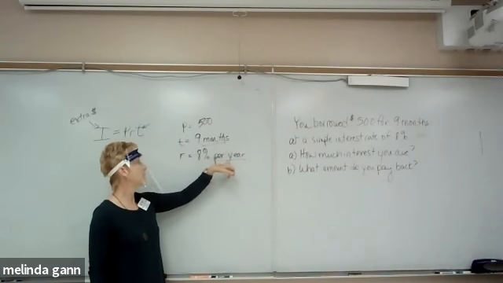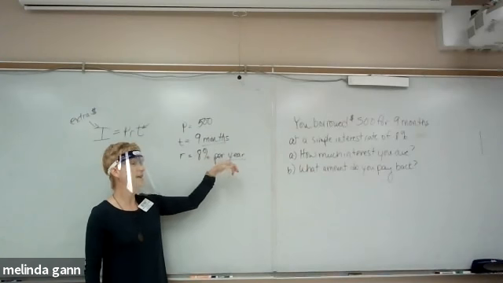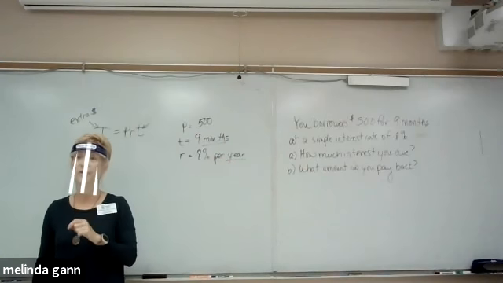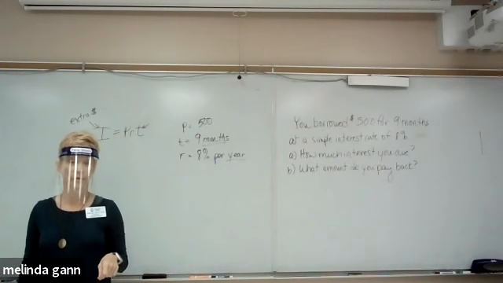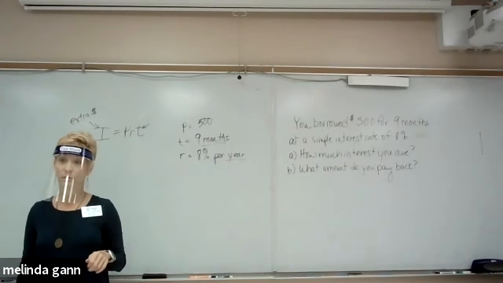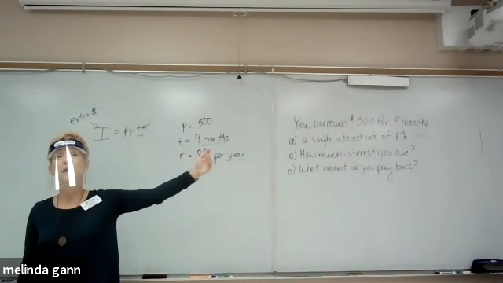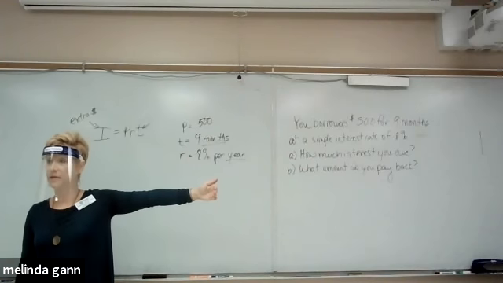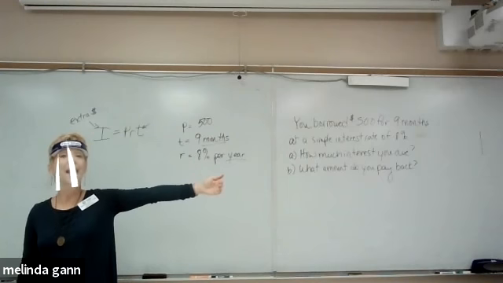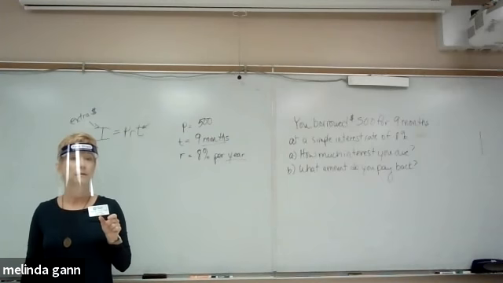Okay. If I'm going to change this, if it's 8% per year, how would I figure out the interest rate per month? What would I have to do? 0.8 times 12. Well, let's think about it. If it takes a whole year for me to have to pay 8%, would it take more or less for 1 month? It would take what? Less.